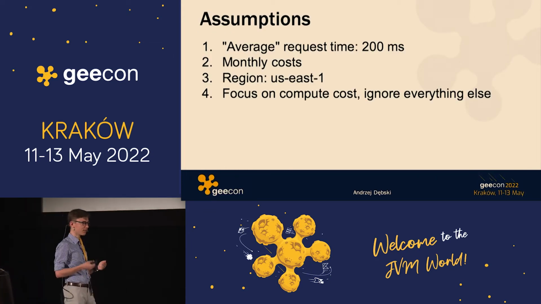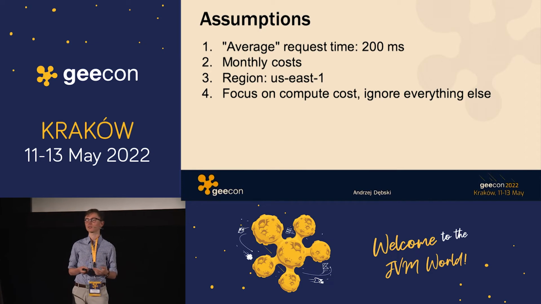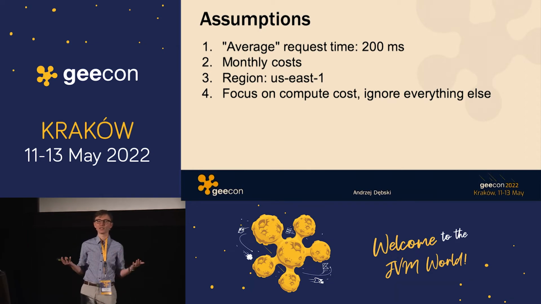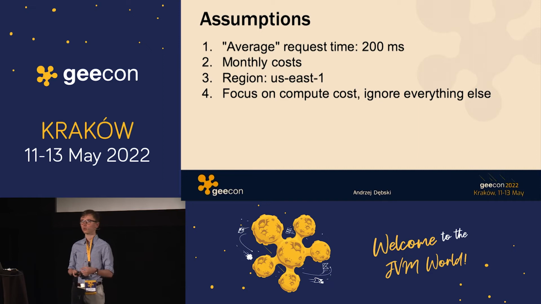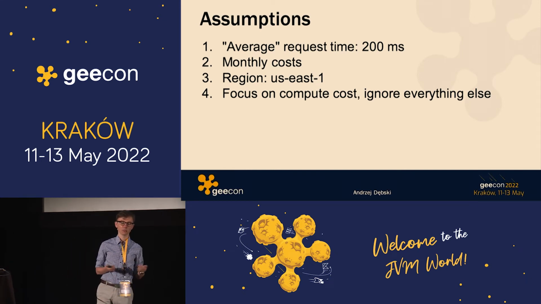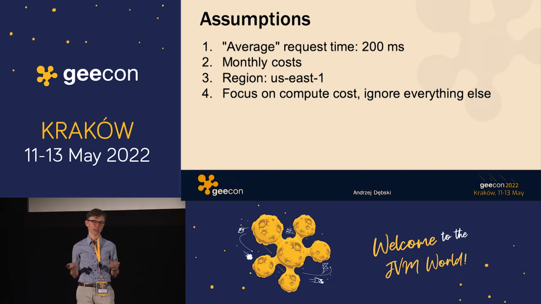In order to actually estimate the cost, I need to make some assumptions. I'm going to assume the average request time is 200 milliseconds. In other words, on average, our Lambda will be processing requests in 200 milliseconds. We will look at the monthly costs, because the AWS Pricing Calculator reports monthly costs.